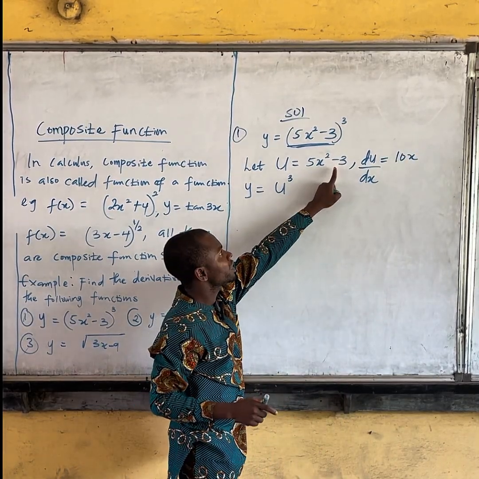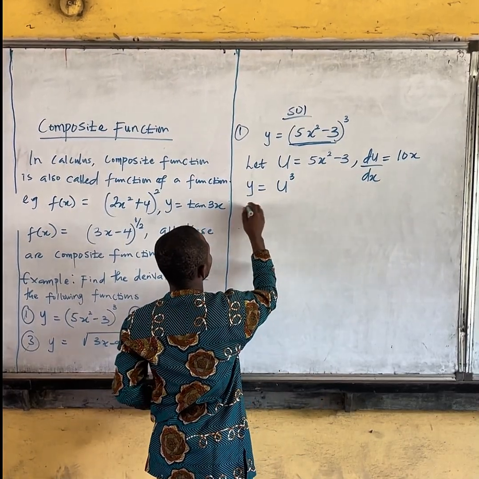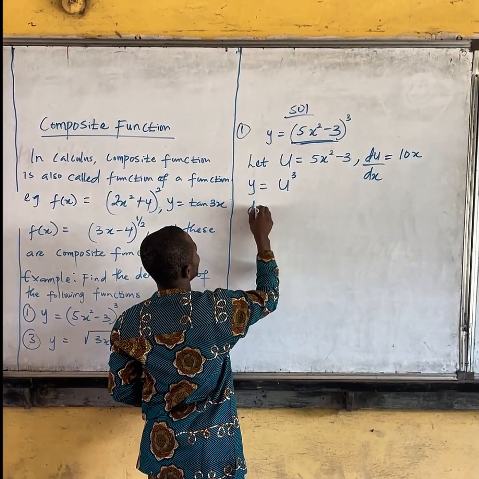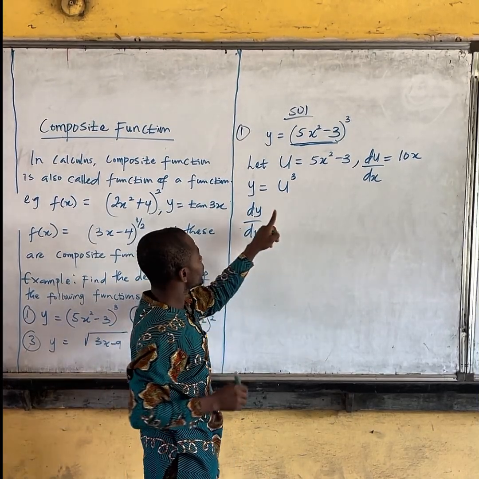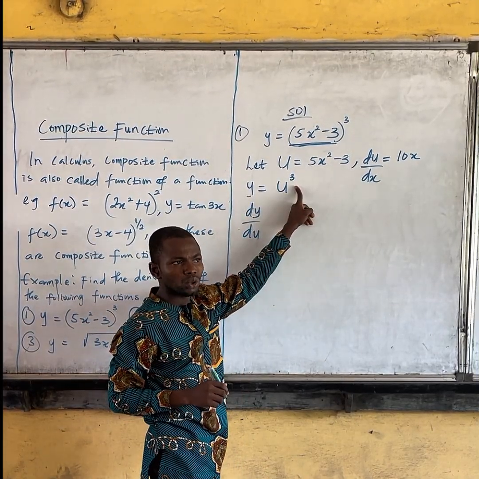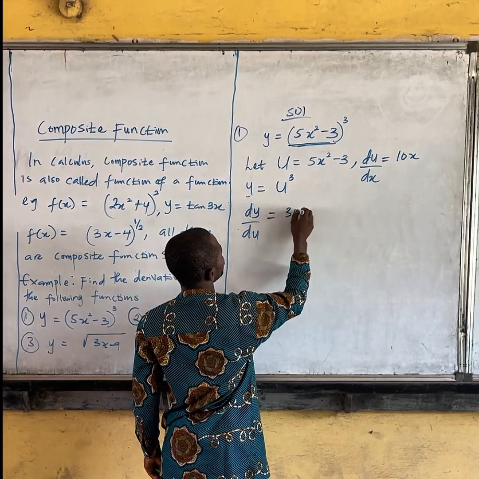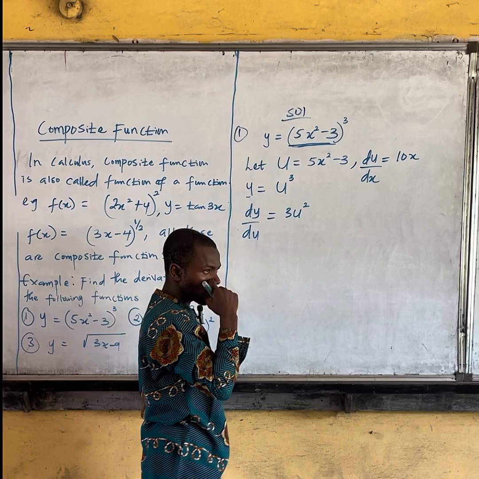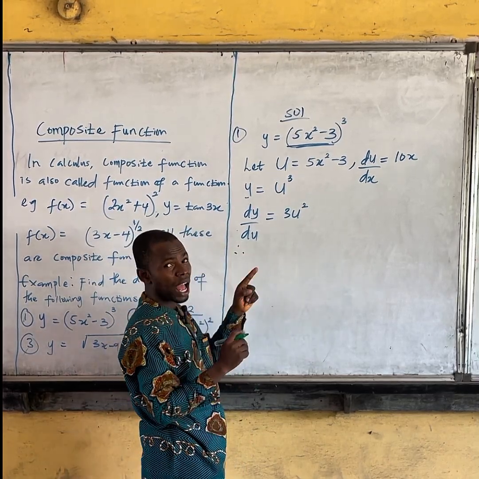Remove 1, that is 10x. Then from this y, since y is u cubed, we can generate dy over du. We will differentiate y with respect to u. It will now give us 3u squared.